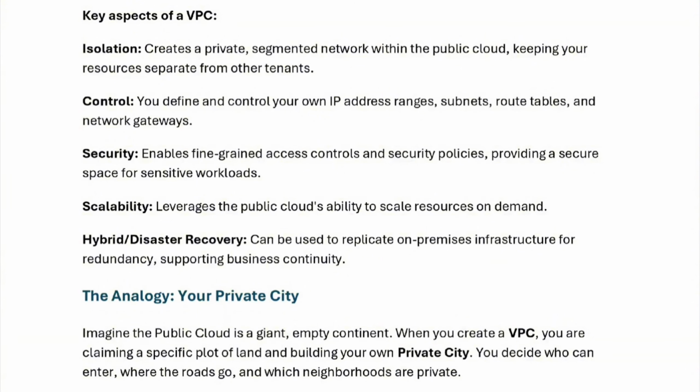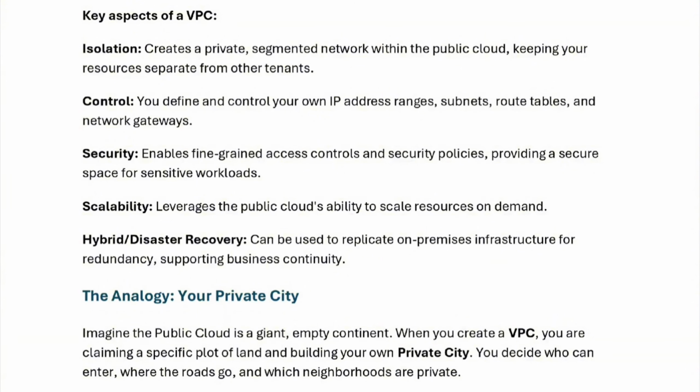Security enables fine-grained access and controls the security policies, providing a secure space for sensitive workloads. VPCs provide NACL policies as well as security groups to give you security, and AWS also has its own security, like on-premise infrastructure and data center security. Scalability leverages the public cloud's ability to scale resources on demand, so it lets users scale their own cloud.